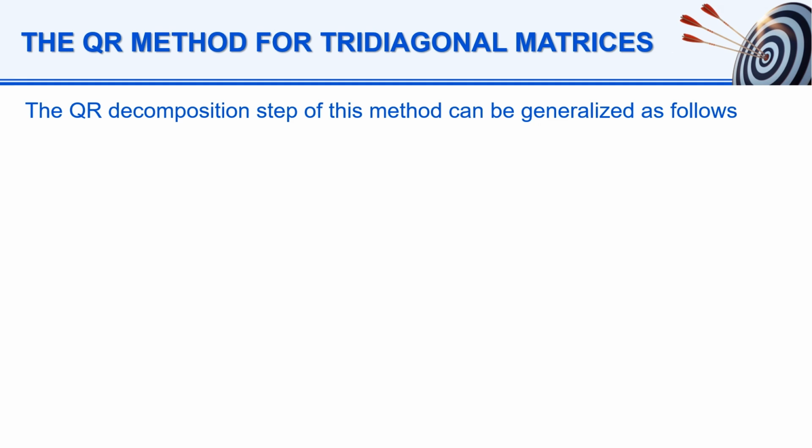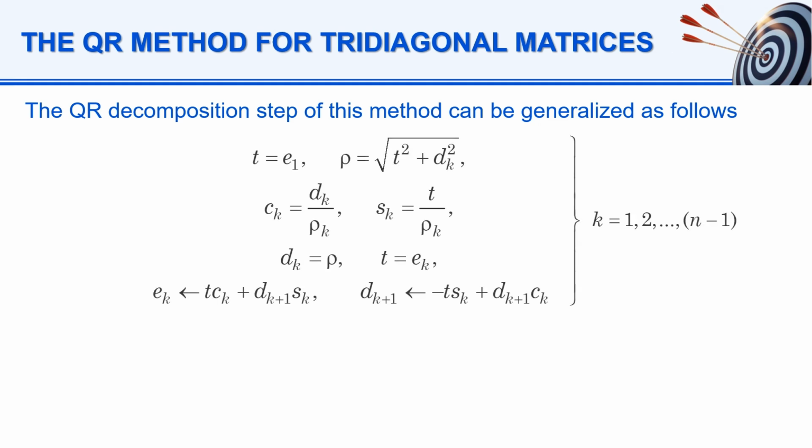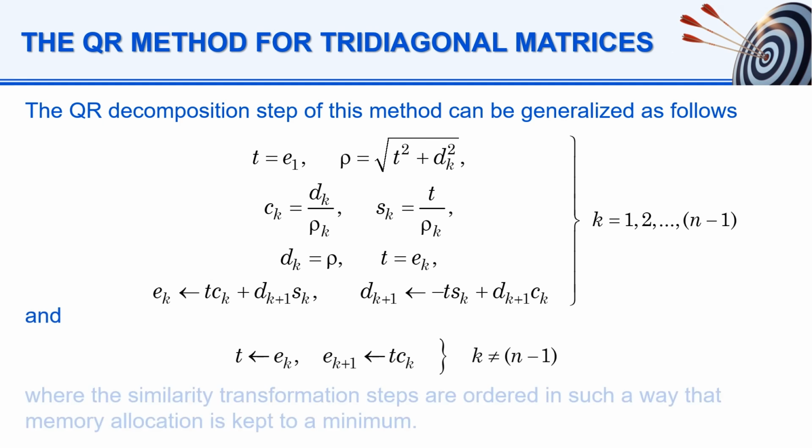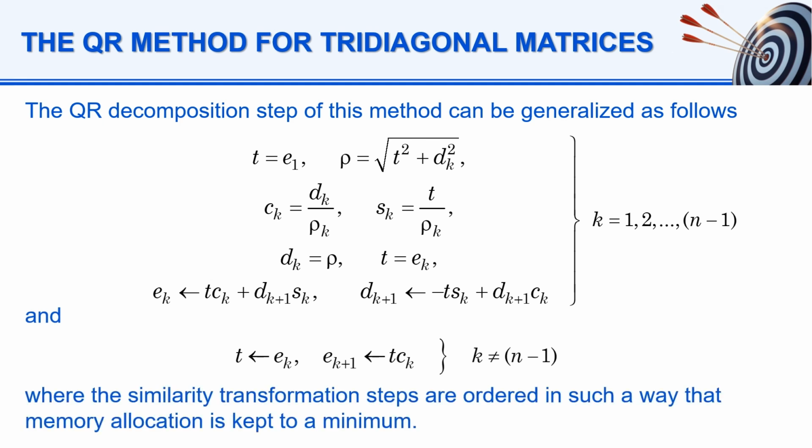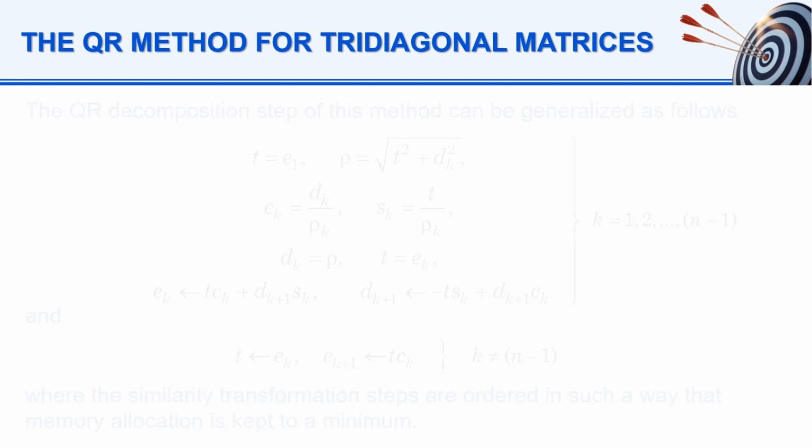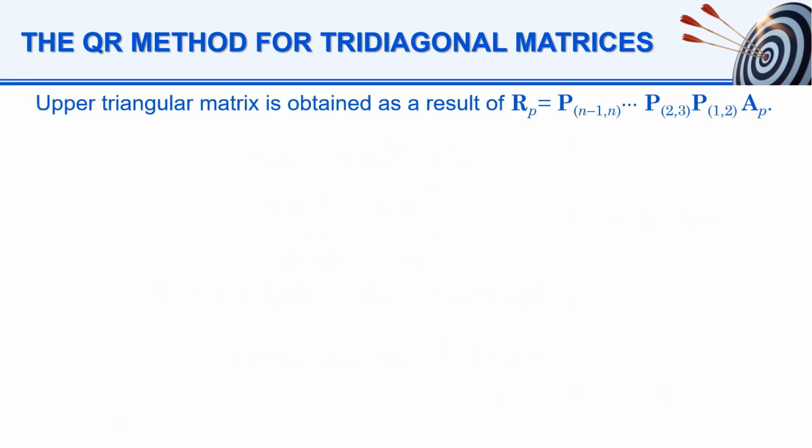The QR decomposition step of this method can be generalized as follows, where the similarity transformation steps are ordered in such a way that memory allocation is kept to a minimum. The upper triangular matrix is obtained as RP equals the product of P n minus 1 n, down to P12, times AP.